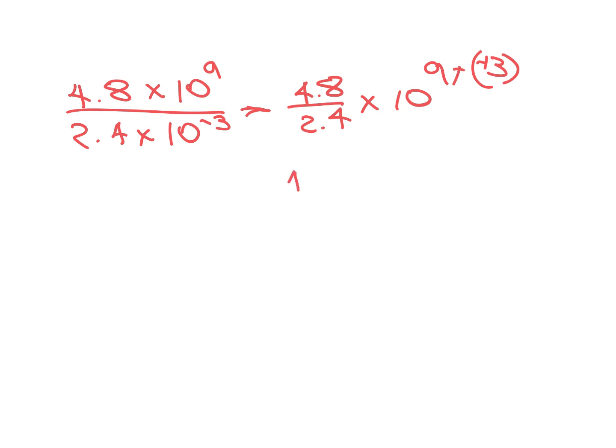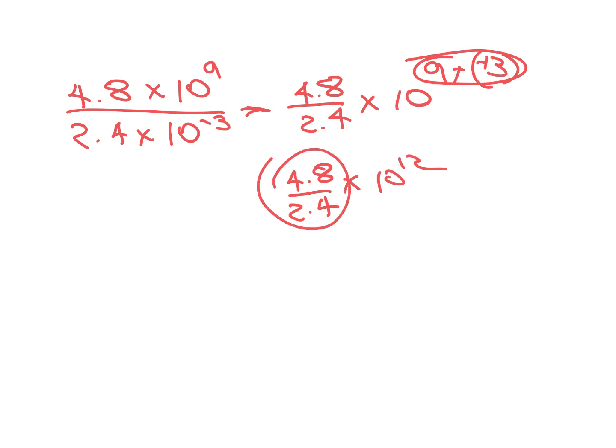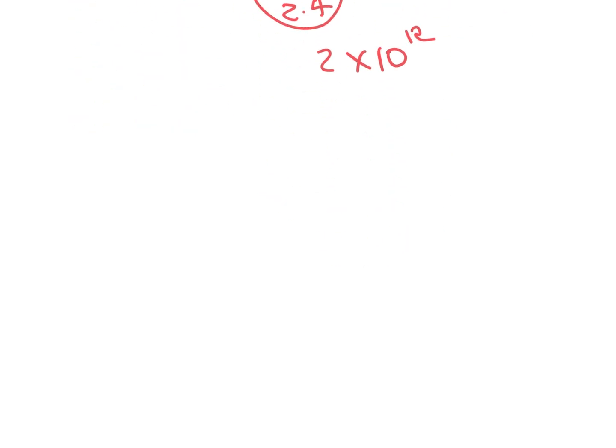So that gives me 4.8 over 2.4 times 10. 9 plus 3 is 12. And then we just divide this out. 4.8 divided by 2.4 is 2. So you can do that without a calculator. It makes life a lot easier.